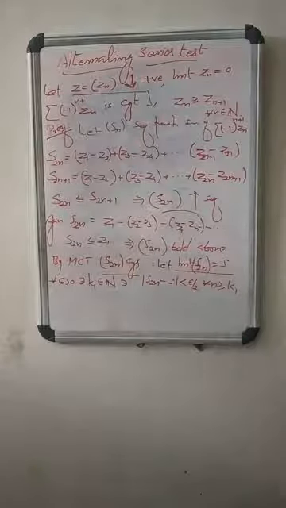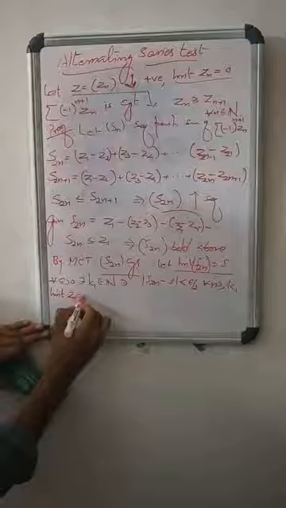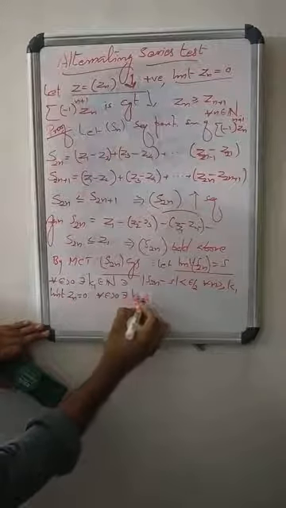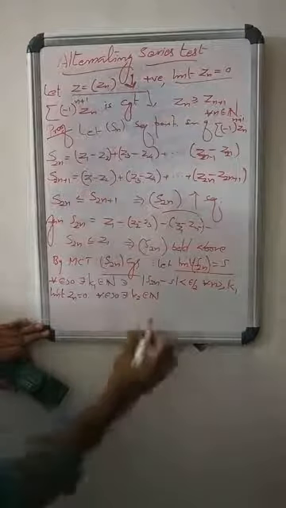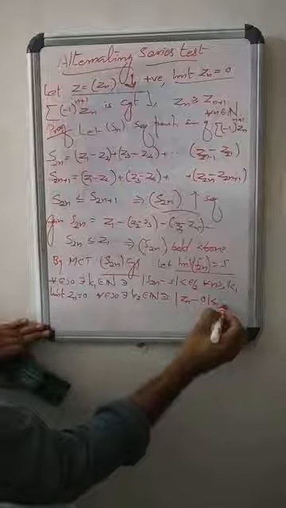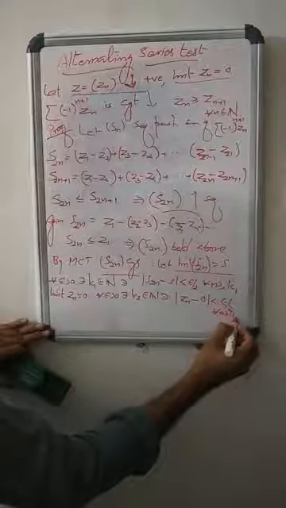Clear? But it is given limit zn = 0. Limit zn = 0 means, again by the definition, for all epsilon positive there exists some k2 in N such that |zn - 0| < epsilon/2 for all n ≥ k2.